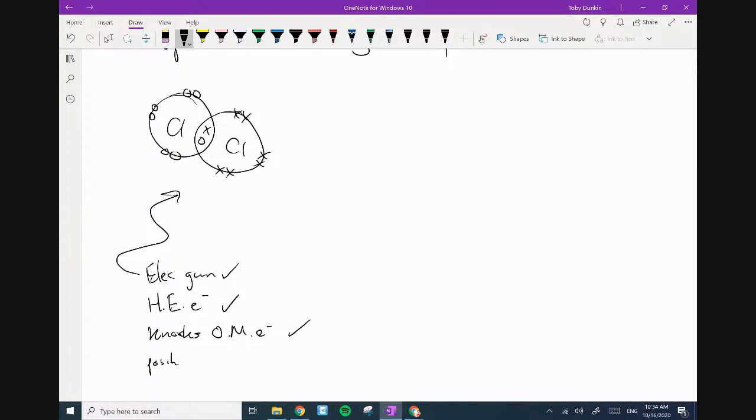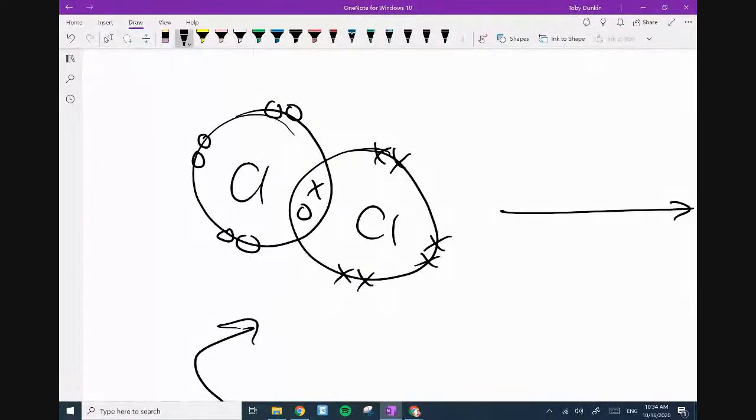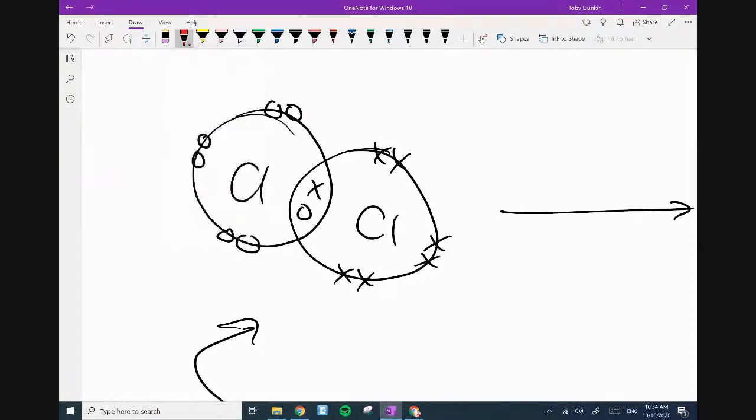Right, let's look at what this looks like for chlorine. So here goes in my high energy electron. It's going to hit the chlorine, and we're going to knock off one of these electrons. I'm going to change my pen color to red, and I'm going to pick someone, Anch. So electron 1, 2, 3, 4, 5, 6, 7, and 8. Anch, which electron would you like me to knock off out of those 8?